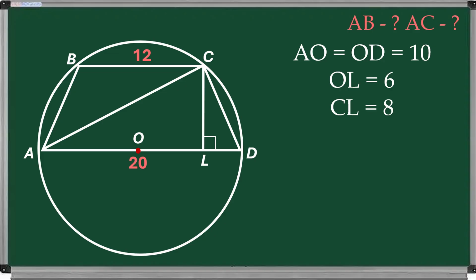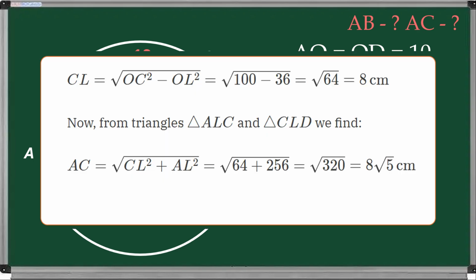Let's look at triangle ALC. The length of AL is half the difference between the bases added to the shorter base. Or more simply, it's AO, which is 10, plus OL, which is 6. So AL is 16. AC squared equals CL squared plus AL squared.